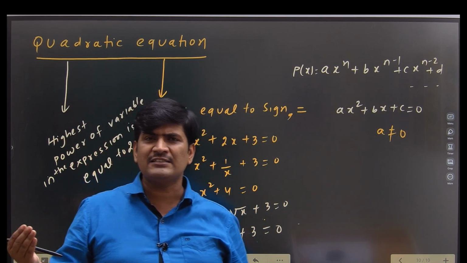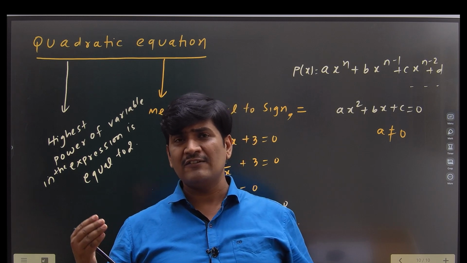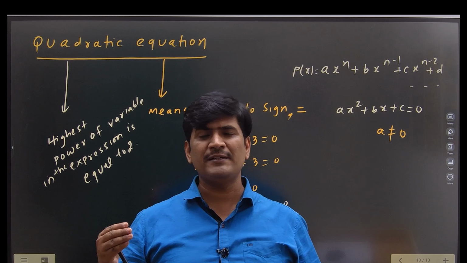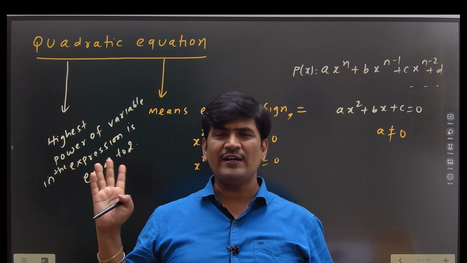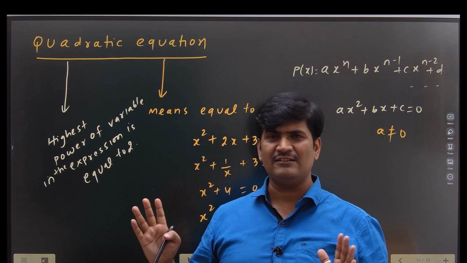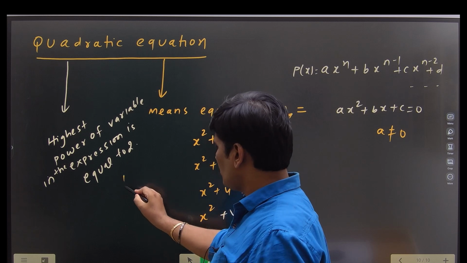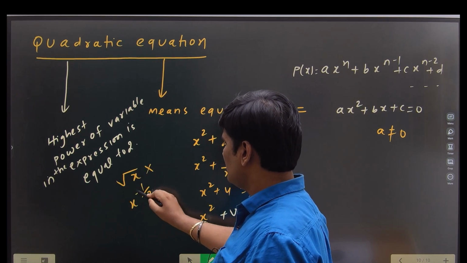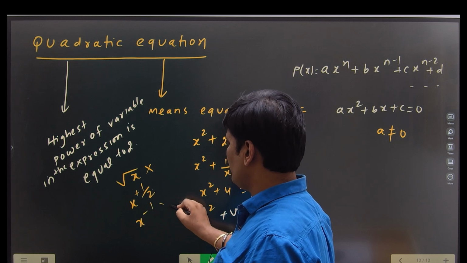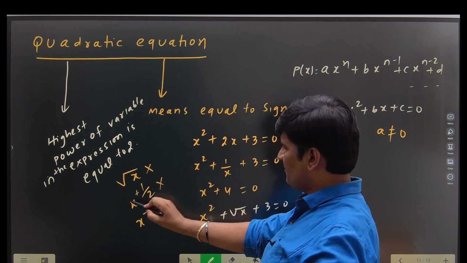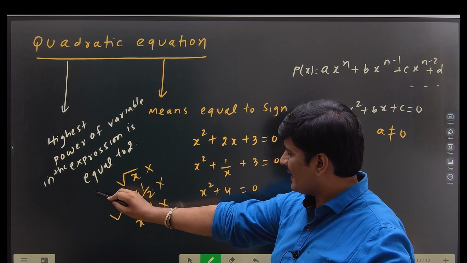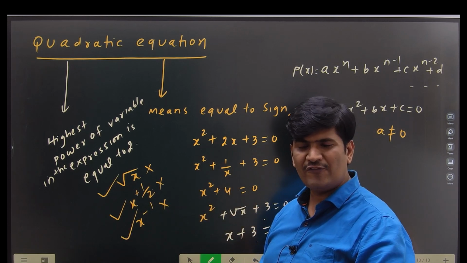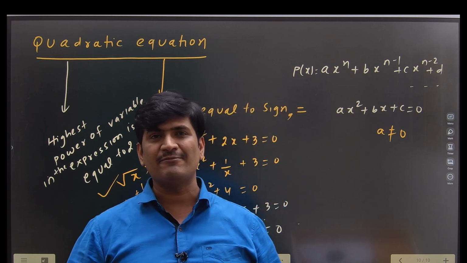So the power of x must be a non-negative number, or it should be free from radical sign. What is the meaning of radical sign? It should not be in square root form, not in fraction form, not in negative number. The power of x cannot be a negative number.